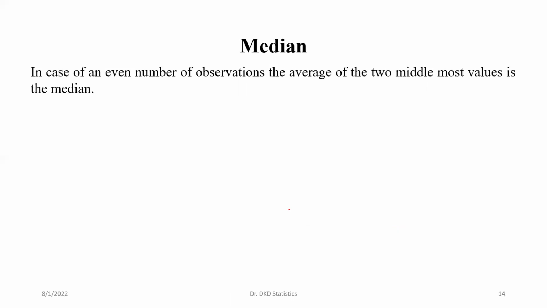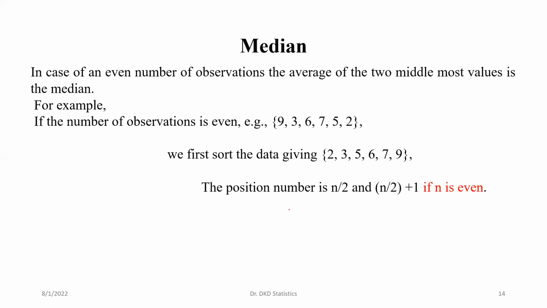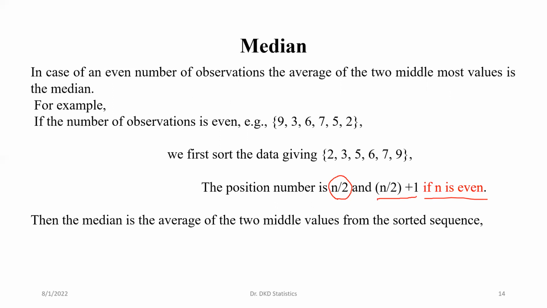In the same way, if a data set is given and we have arranged it in ascending or descending order, and the series is even, then how do we get the median value? We'll use the n by 2 and n by 2 plus 1 position numbers. The median is the average of the two middle values from the sorted sequence.